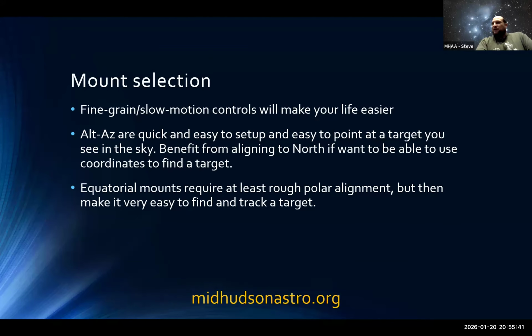For mount selection, again, that fine grain slow motion control, definitely kind of mandatory, makes your life easier. Alt-Az mounts are quick and easy to set up, easy to point to a target in the sky because it's a very natural thing to think of up, down, left, right when you're moving manually. But the equatorial mounts, they do require polar alignment, and those are going to be better if you think you might get into astrophotography at all.